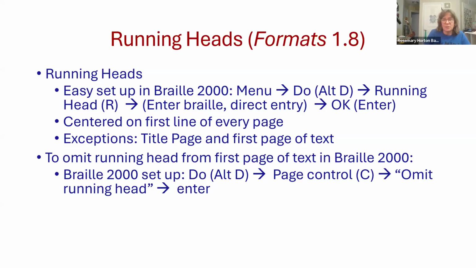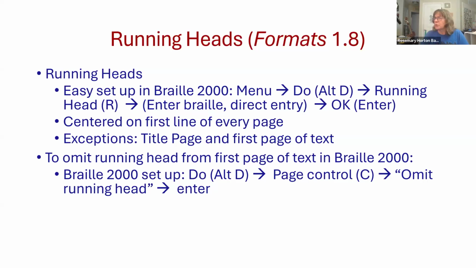I talked about the exceptions. I probably have this in here a couple places, but when you get to the first page of text and you want to omit the running head, this would be after your table of contents. On the page before, where you have your cursor, you enter the page control, and every other time I just hit enter after the page control and it jumps to the next page.